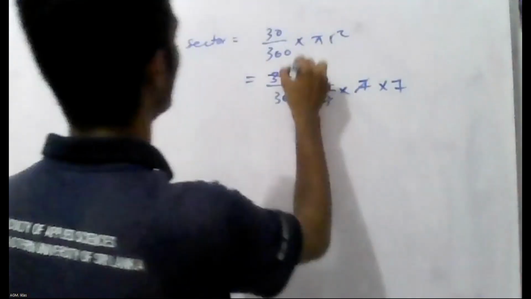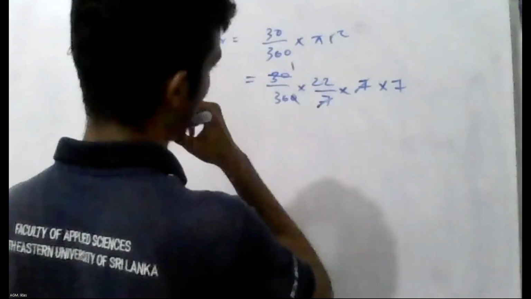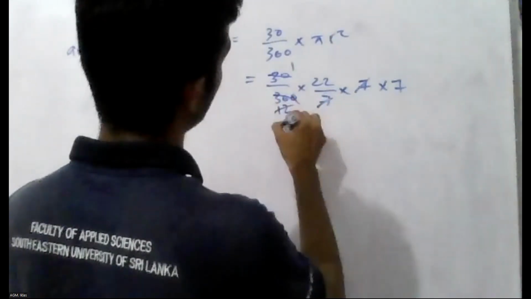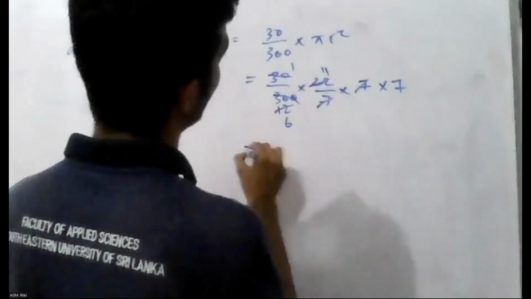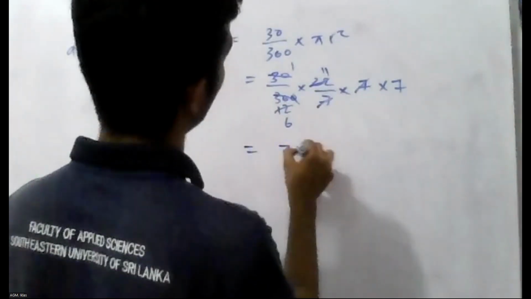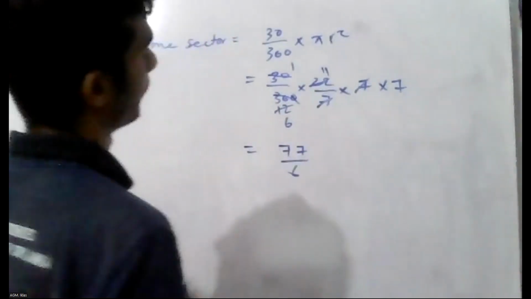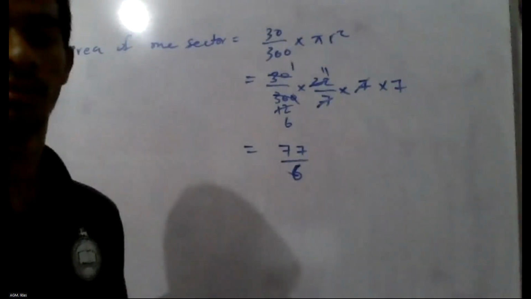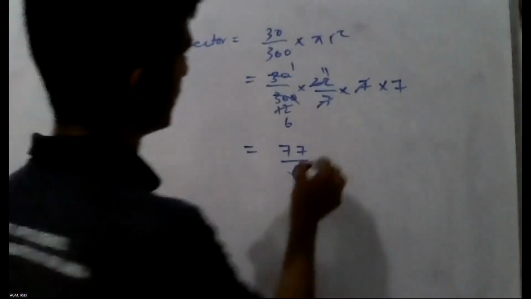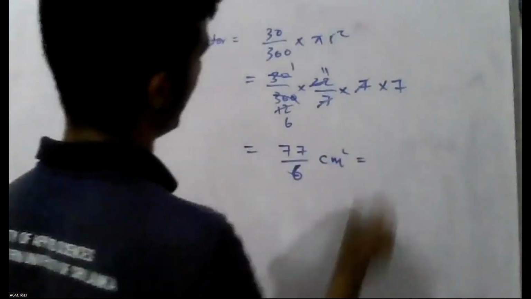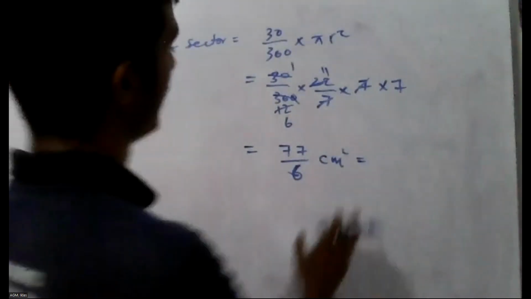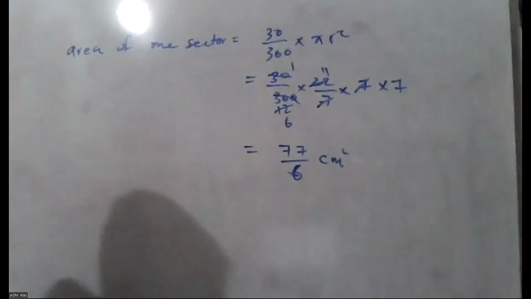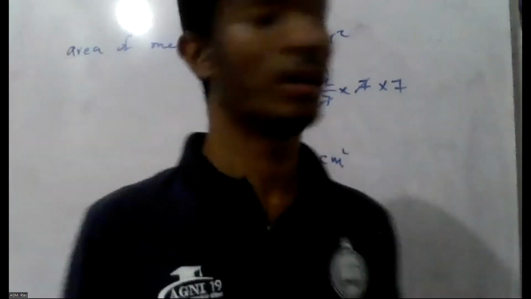So 6, 11. That is 77 by 6 centimeters square. If I want, I can leave it as it is. Okay, that's fine.